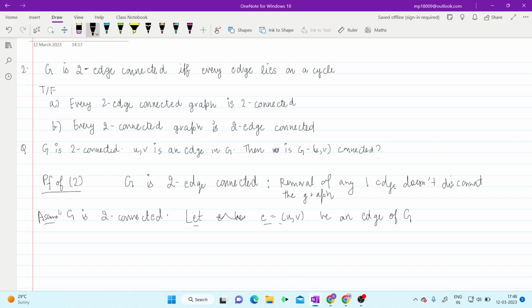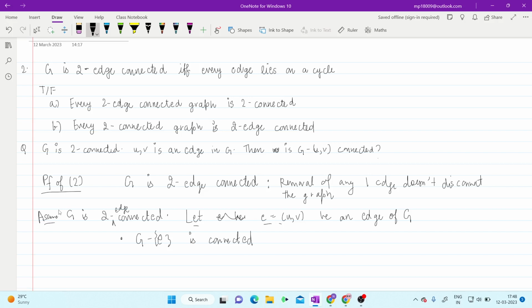So if e is an edge of G, and since G is 2 edge connected, that means G minus this edge e is connected, right? Because that is the definition.